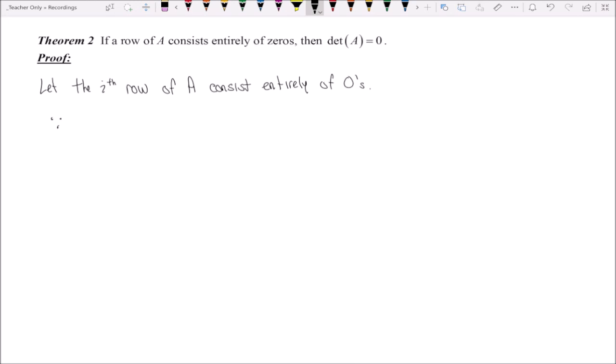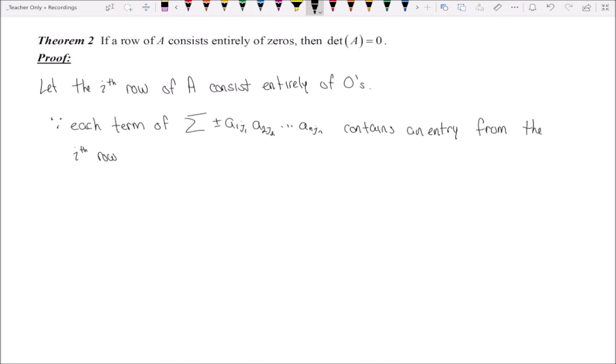Now, since each term of the summation plus or minus A1j1, A2j2, and so on, up through Anjn, contains an entry from the ith row, each term in our determinant will be 0 because if you multiply any number by 0, you get 0.